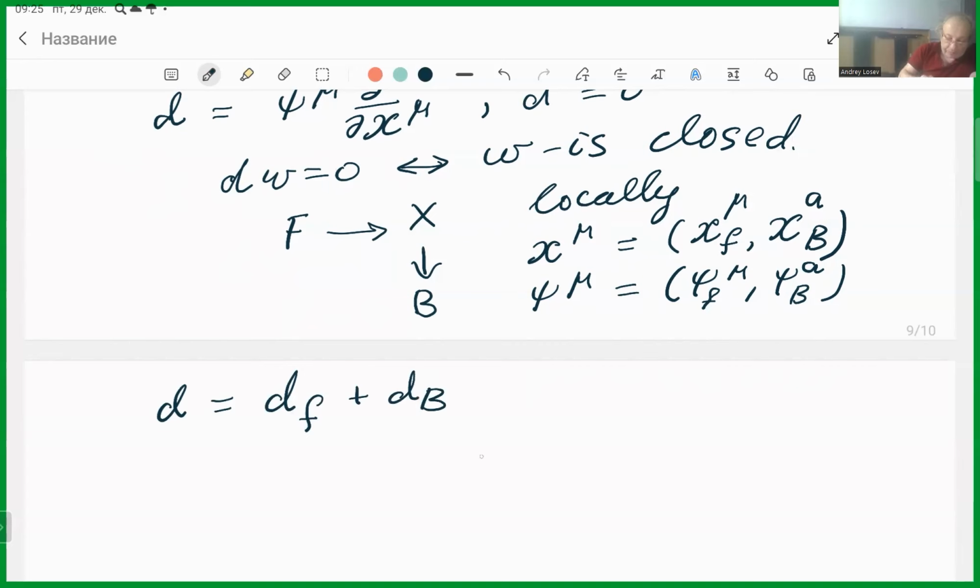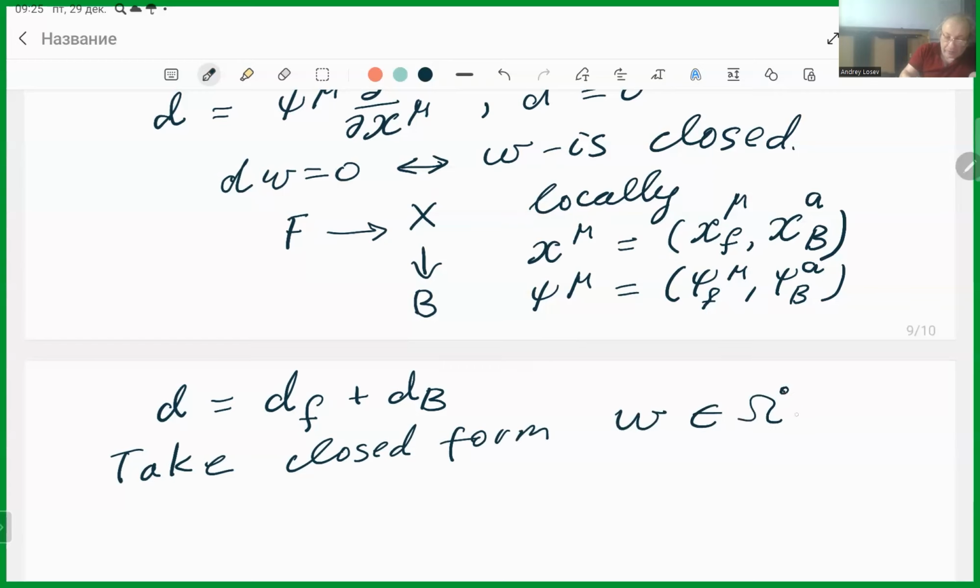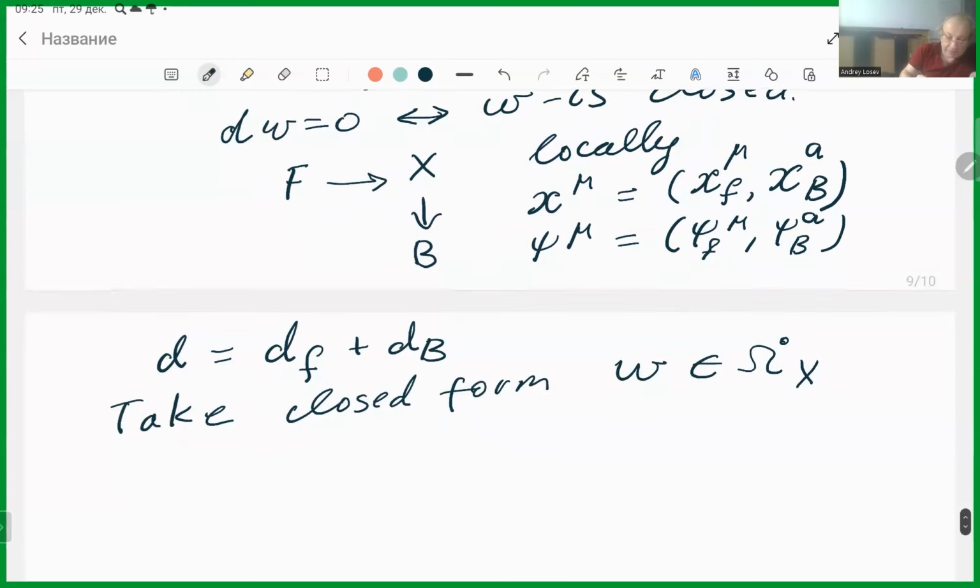Now, what would happen if I do the following? Take a closed form omega on X. Take a cycle C in the fiber.